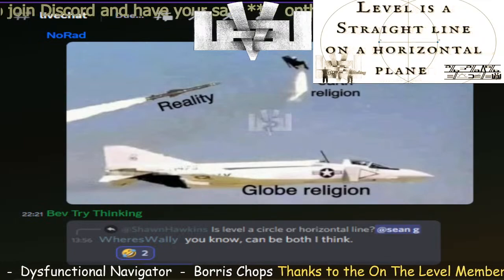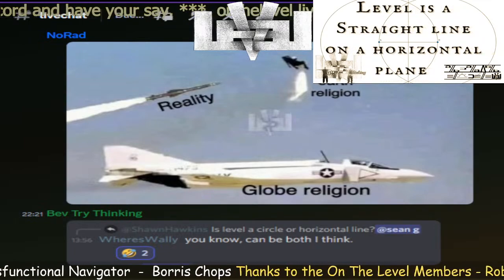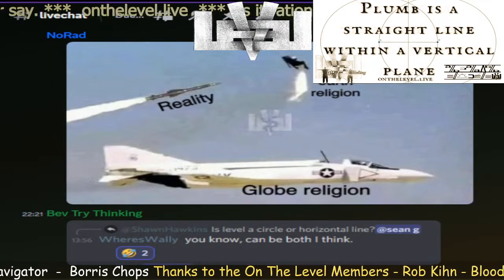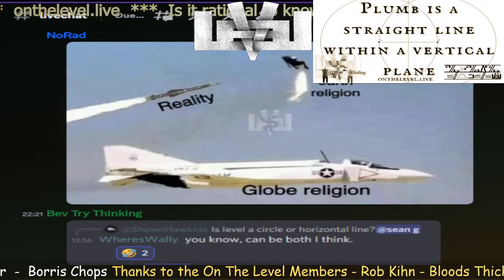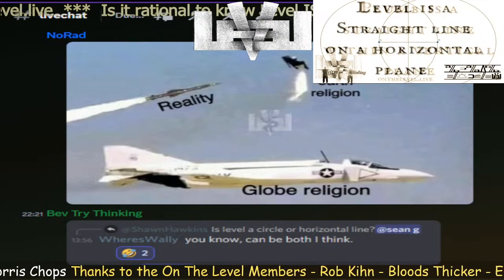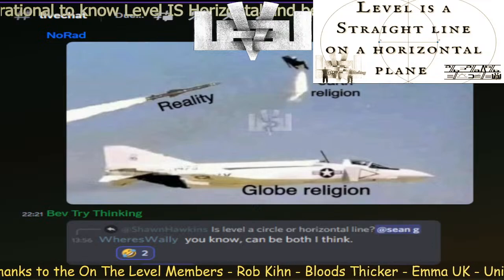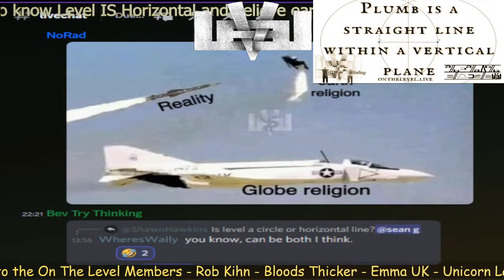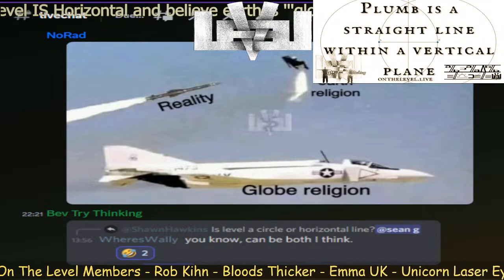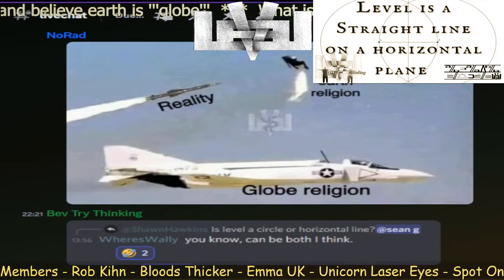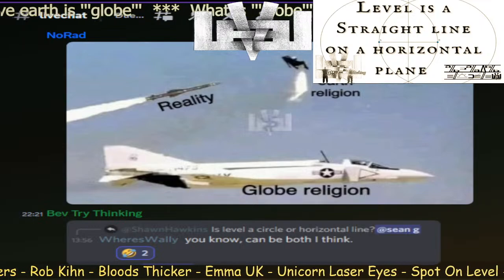But for clarification, Sean Hawkins is asking, is level a circle or horizontal line? And he's not specifying that this horizontal line is straight or curved. I just point out, Into the Break said there's a lot of Earth higher than other parts of Earth.